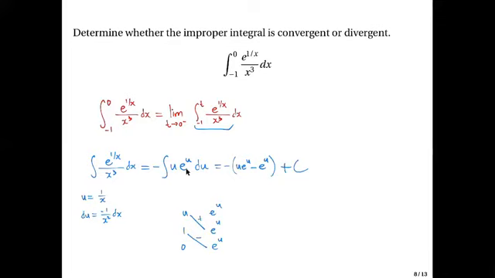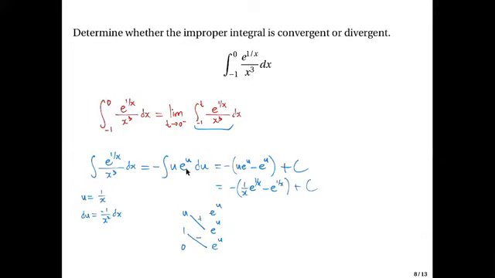But your u is equal to 1 over x. So this becomes negative of 1 over x e to 1 over x minus e to 1 over x, and then you have the plus c.